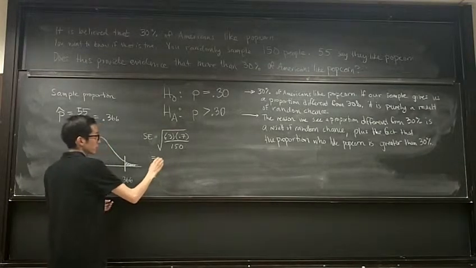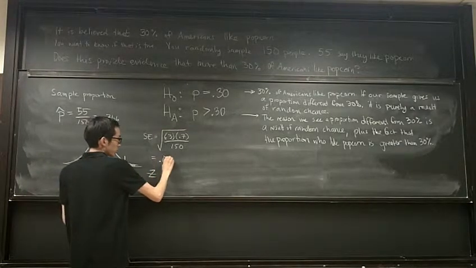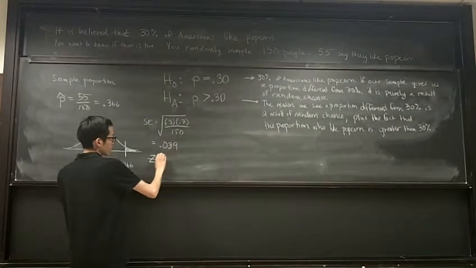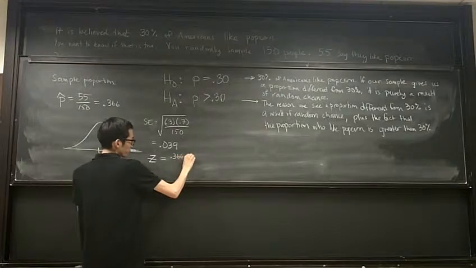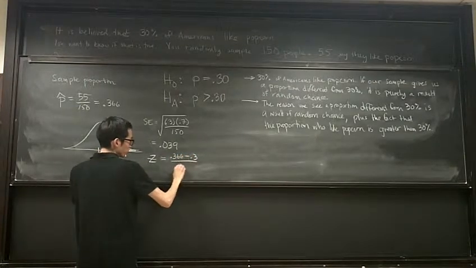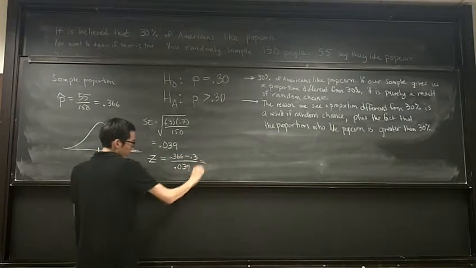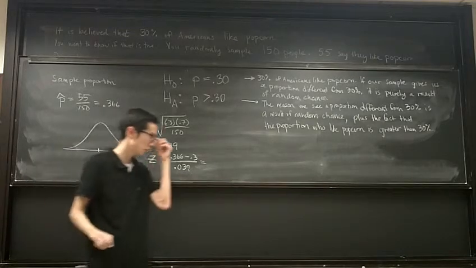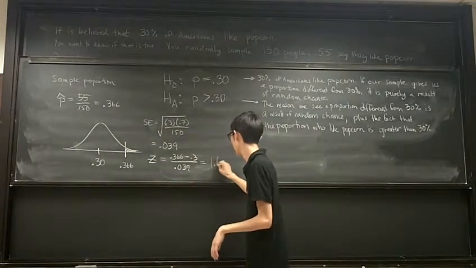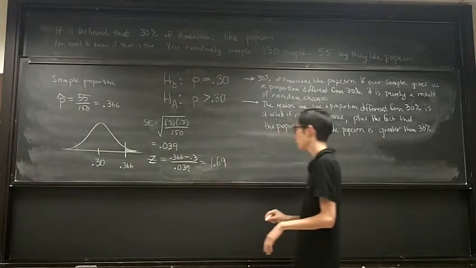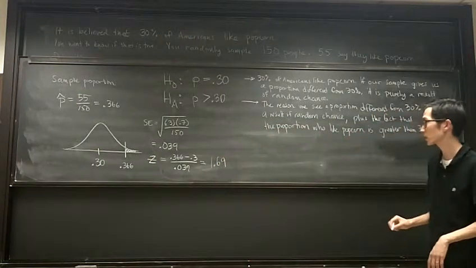Okay, so my z ends up being 0.366 minus 0.3, divided by 0.039. What do I get? 1.69. Okay, I get a z equal to 1.69.